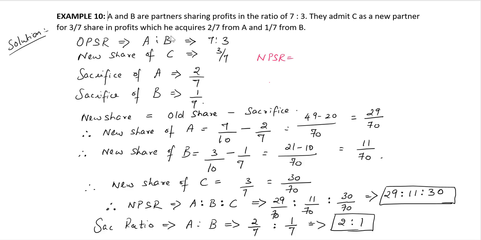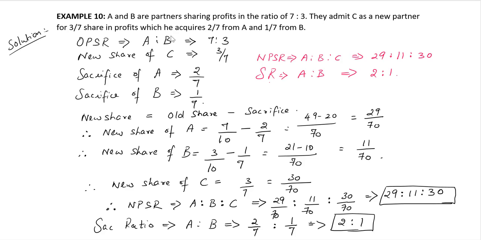NPSR between A, B and C is equal to 29 is to 11 is to 30, and the sacrifice ratio between A and B is equal to 2 is to 1.